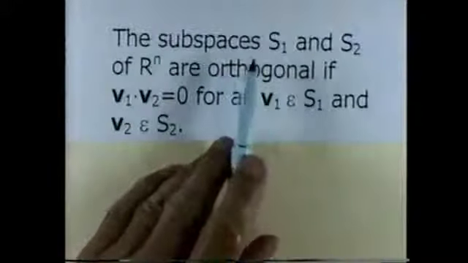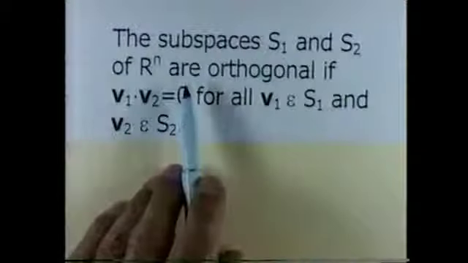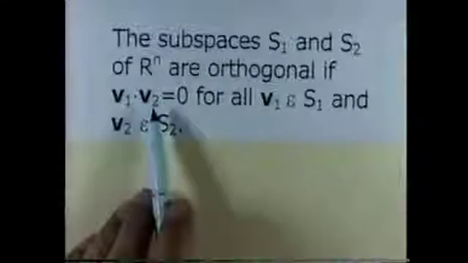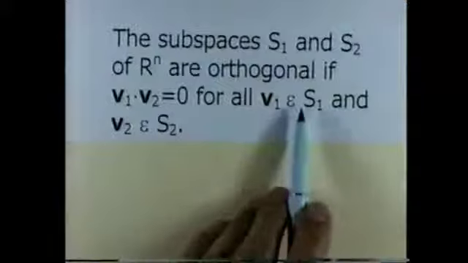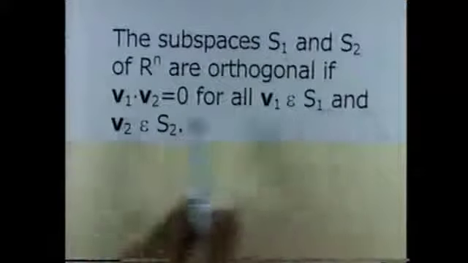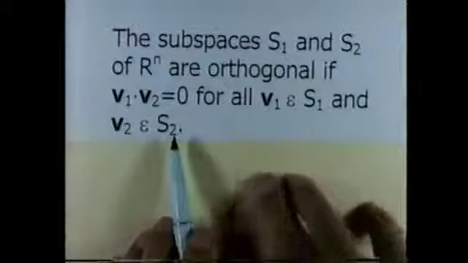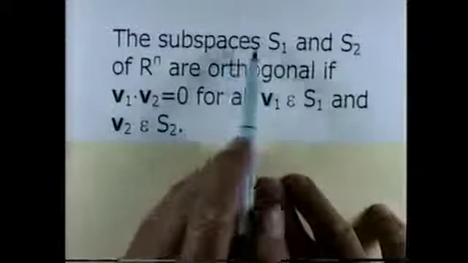The subspaces S1 and S2 of n space are orthogonal if V1 dot V2 is equal to 0 for all vectors V1 in S1 and vectors V2 in S2. Now this is defining what we mean by orthogonal subspaces.